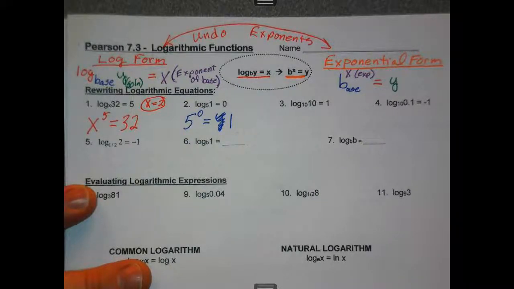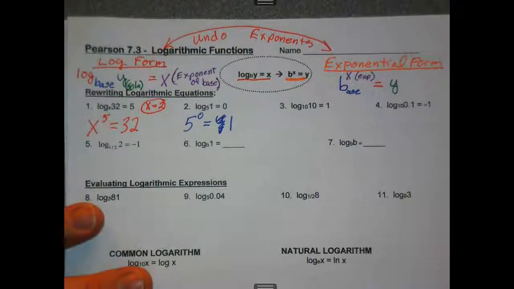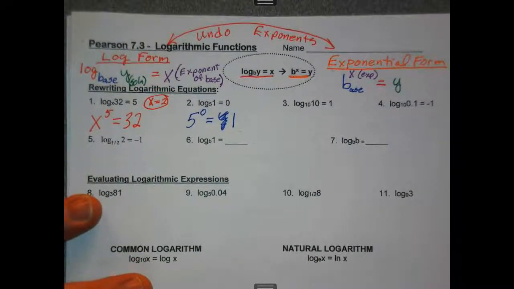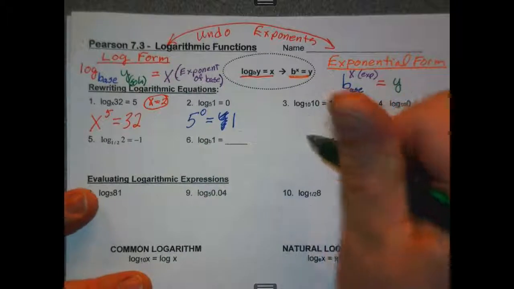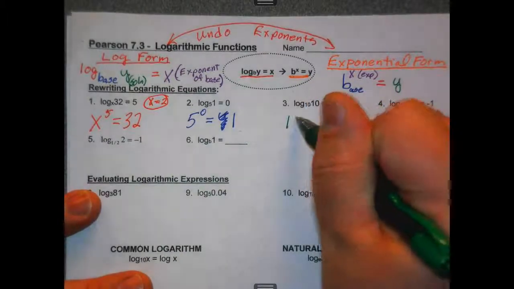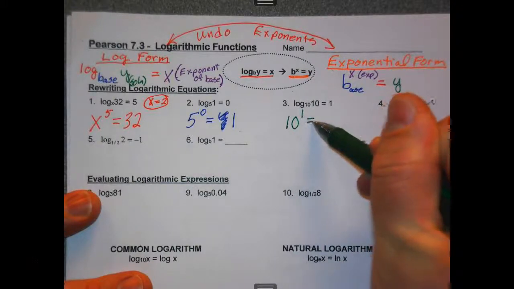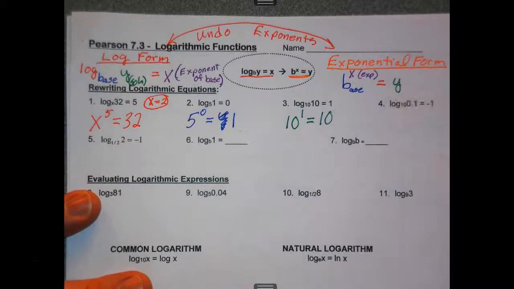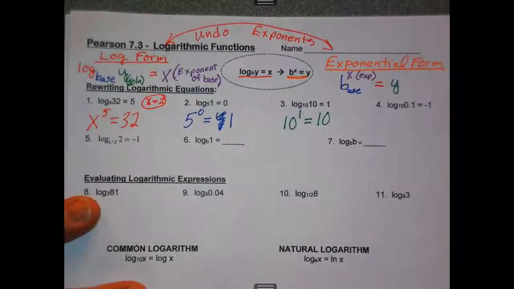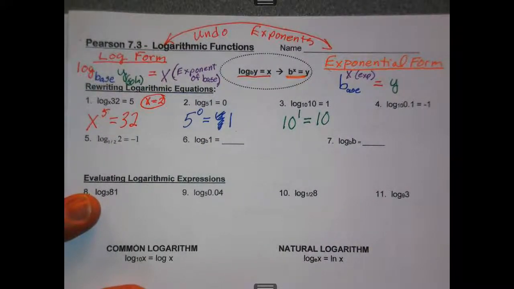Is that a true statement? Yes, it is. Anything raised to the 0 power is 1. All right, number 3. What's my base? What's my exponent? What's my y? True statement? Of course. Anything to the first power is itself.